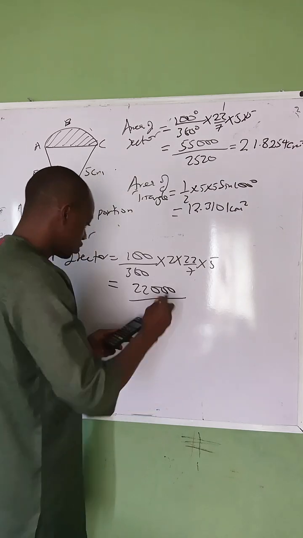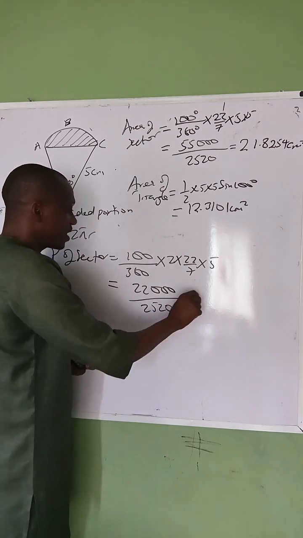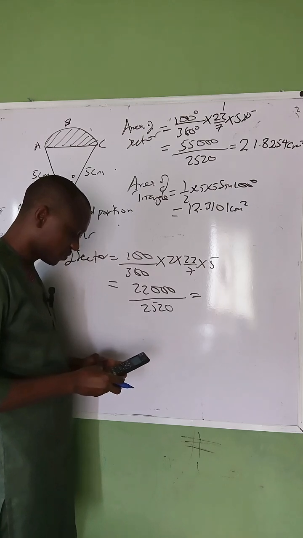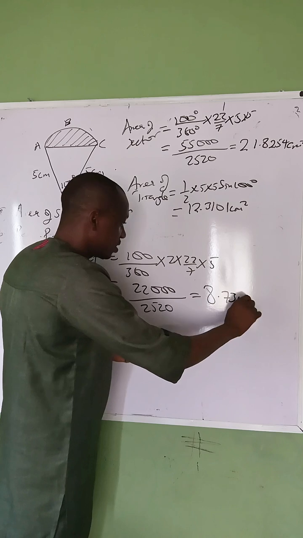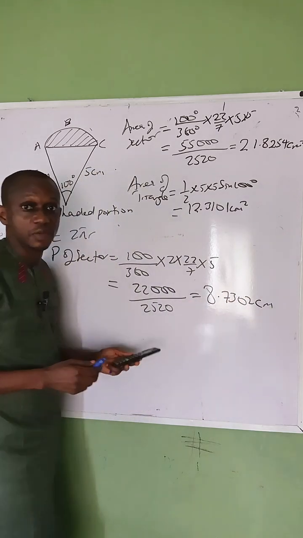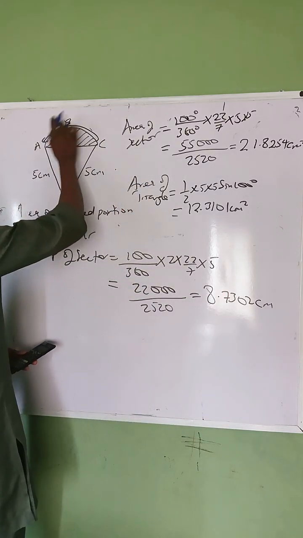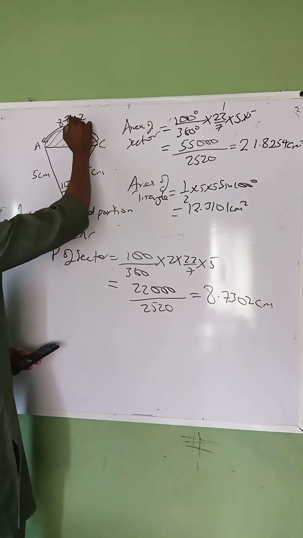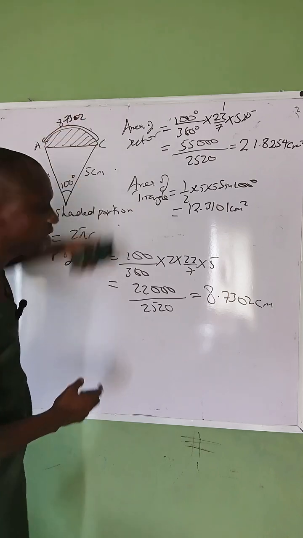We have our 2520 as we have it over there. So the final answer here is 22,000 divided by that, which gives us 8.7302. The perimeter is in centimeters, not centimeters squared, because it's a dimension. So the arc from here to here is 8.7302.